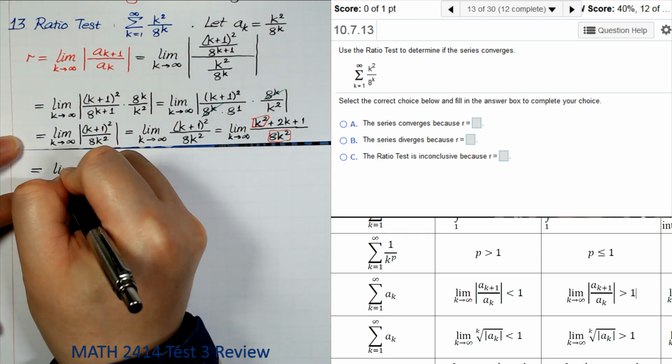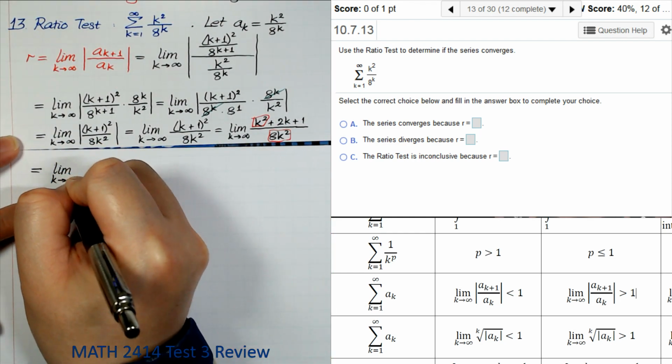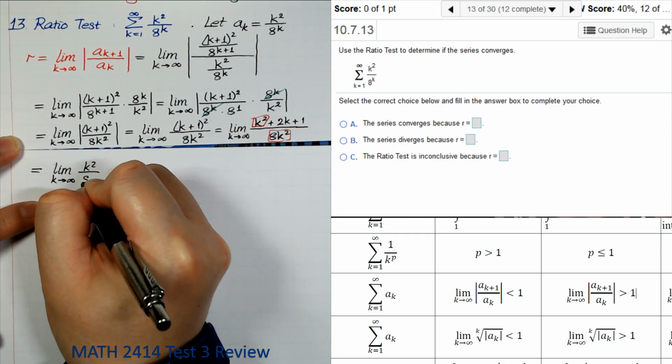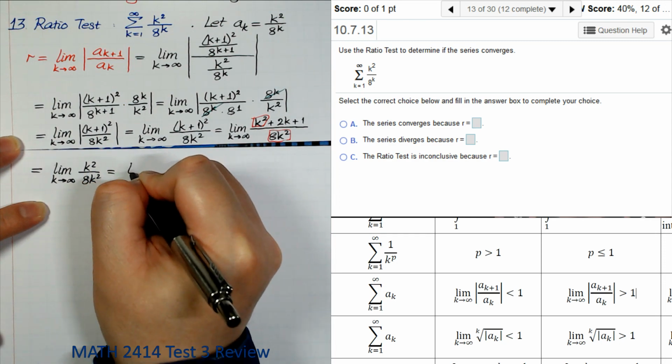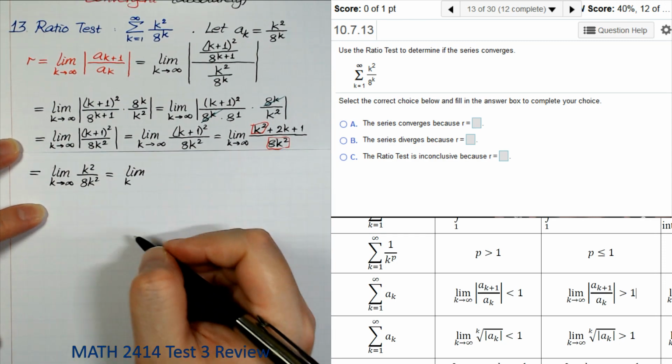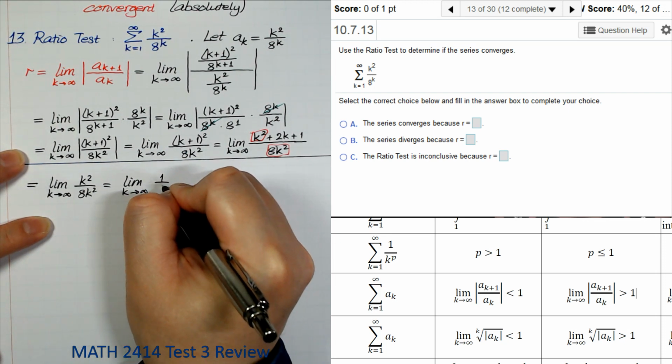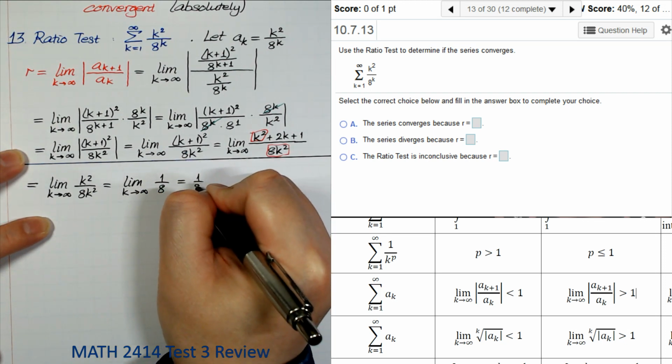So I have the limit, k squared cancels out. We have 1 over 8.